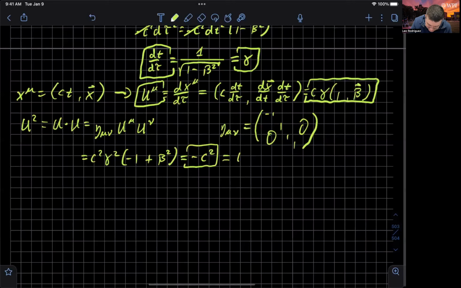So u squared equals minus c squared. And keep in mind that the reason I kept my factors of c is because it doesn't matter who's observing or who's in what gravitational field or not.